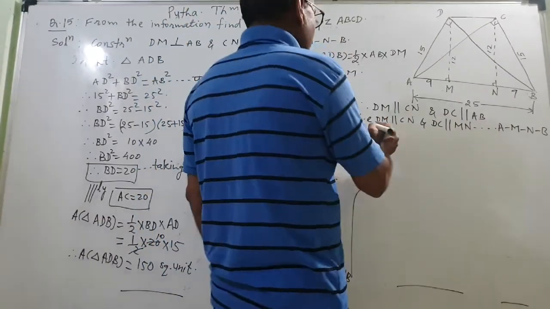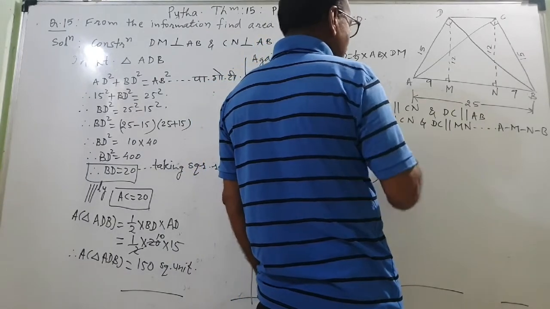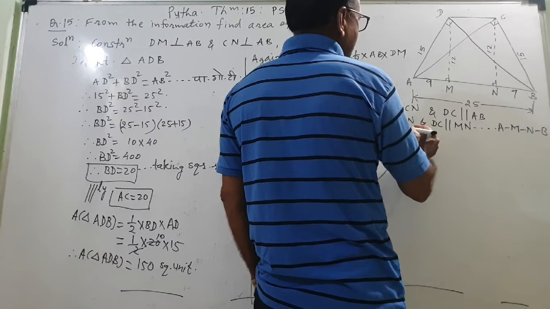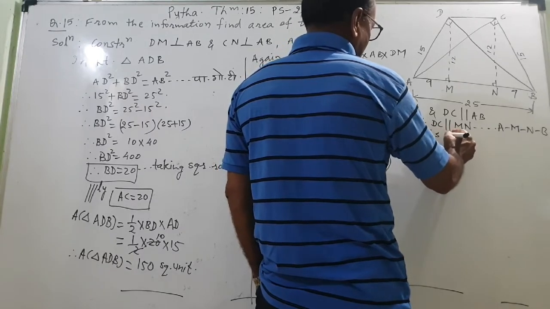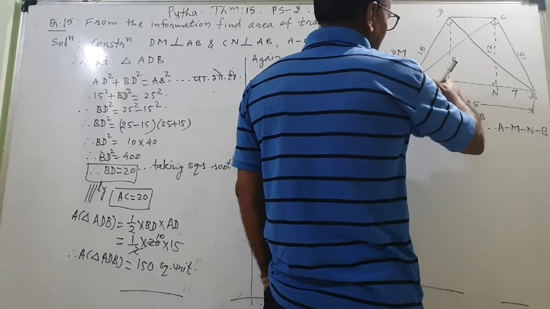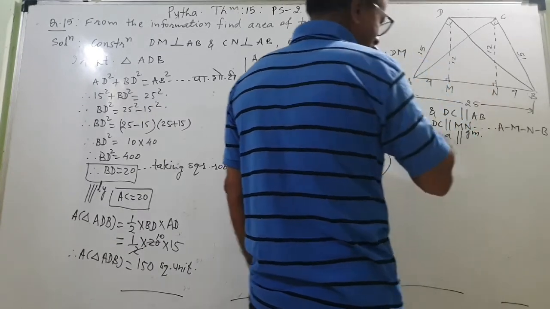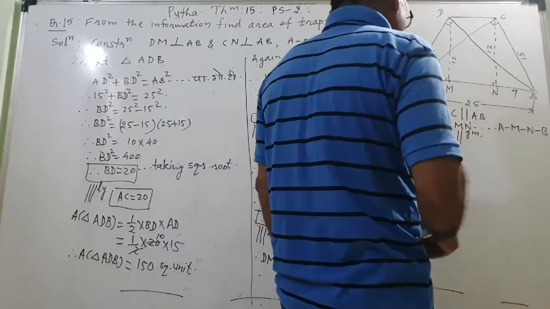Got it. Therefore, quadrilateral DCNM is a parallelogram. You can say rectangle also because these two are 90 degree each. And these are parallel. That's why it is a rectangle also.